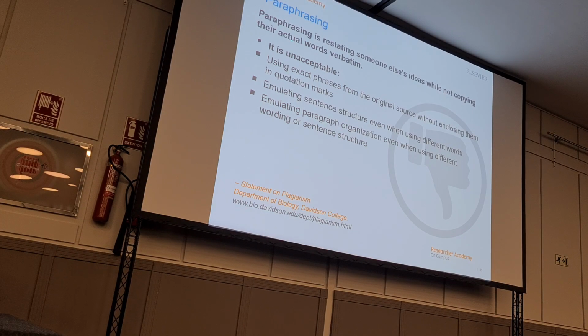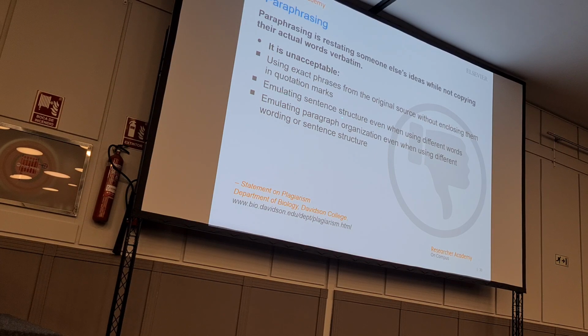Also, paraphrasing is restating someone else's ideas while not copying their actual words verbatim. So it's not acceptable otherwise. You also have to use your own way of writing, and make a good paraphrase. Using an exact phrase from the original source without including it in quotation marks is a problem, so you can use quotation marks if you use exactly the same sentence or phrase.